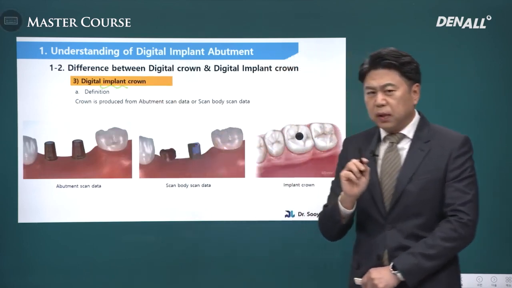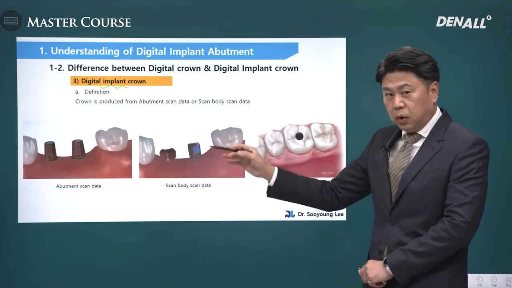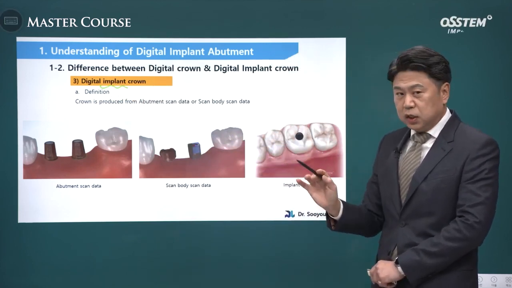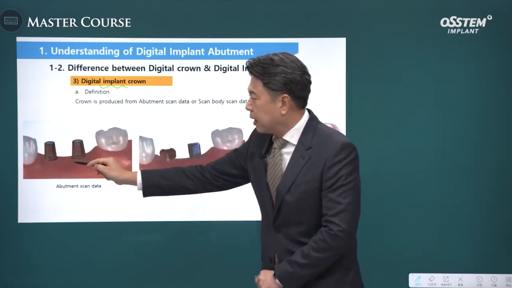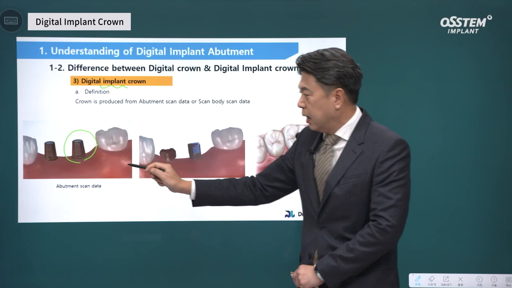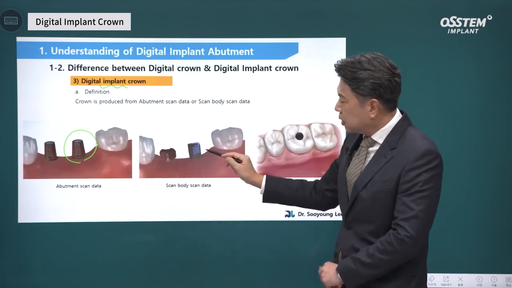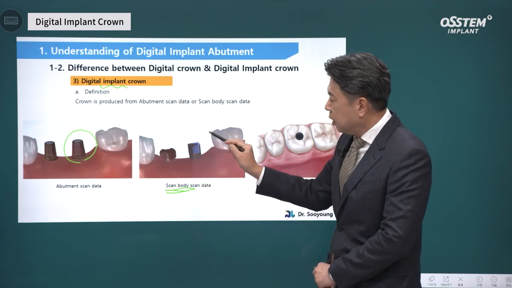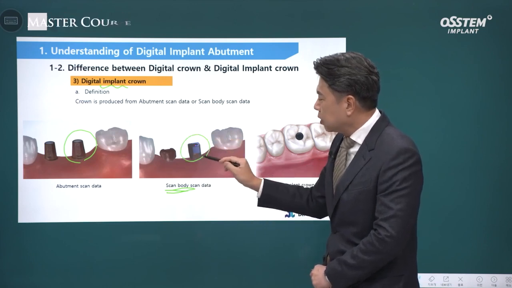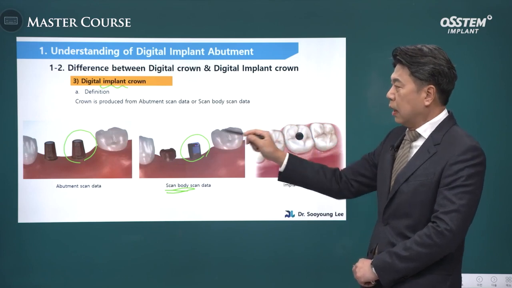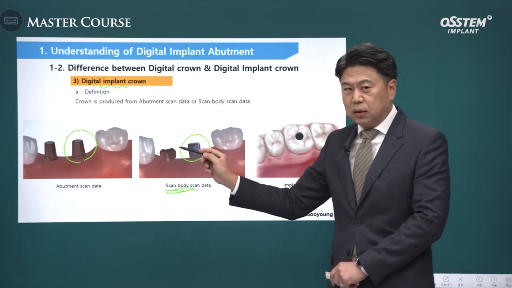On the other hand, implant is included in the digital implant crown. It is a little bit different. Fabricating a crown over the abutment is the same, but the abutment is scanned. After connecting an abutment for the scanning or a scan body, a special media is used, and the media is scanned, and using the data, the crown can be fabricated.